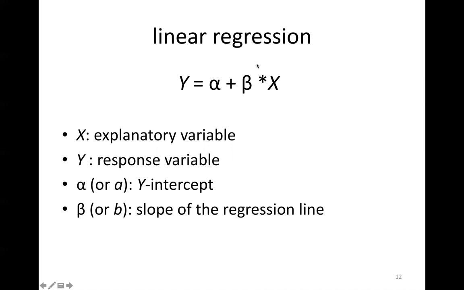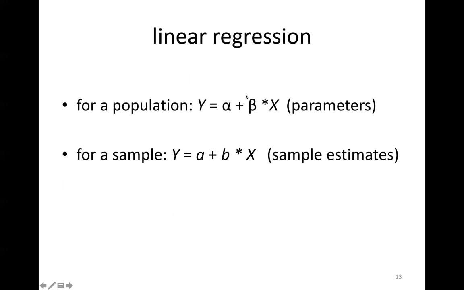And again, y and x are sets of values that are matched. These are vectors in reality, and these are single values, the parameters. So for a population, we talk about alpha and beta for the regression formula. From a sample, what we calculate are called a and b.